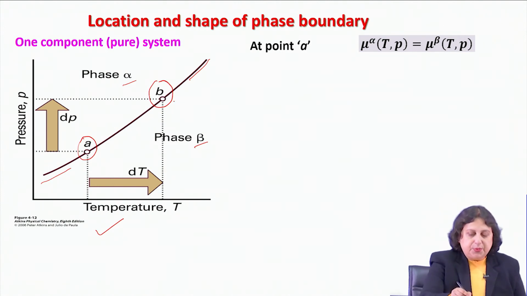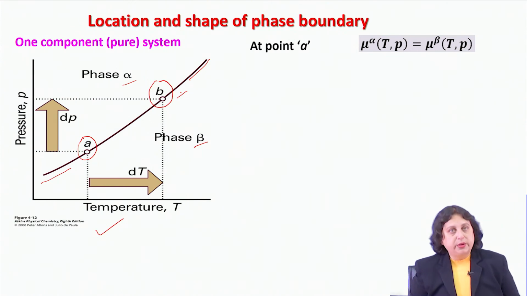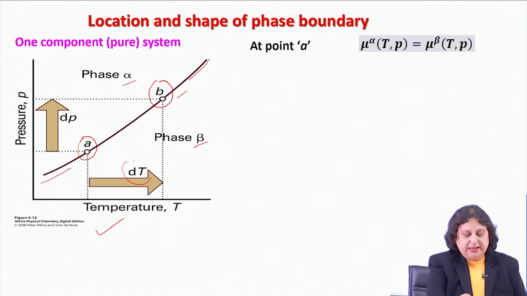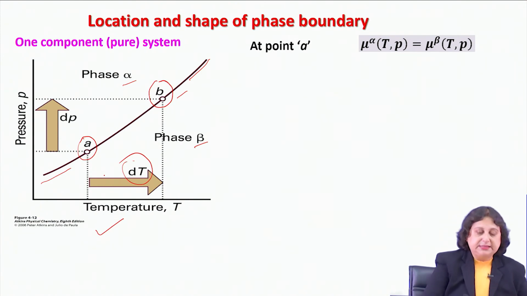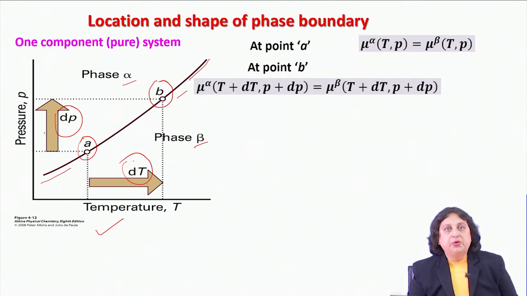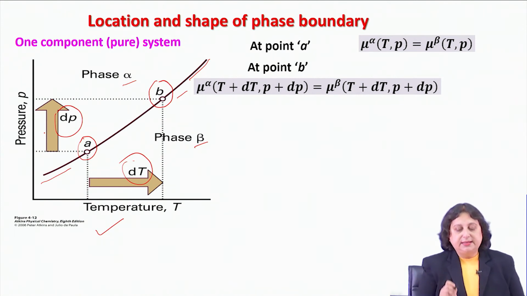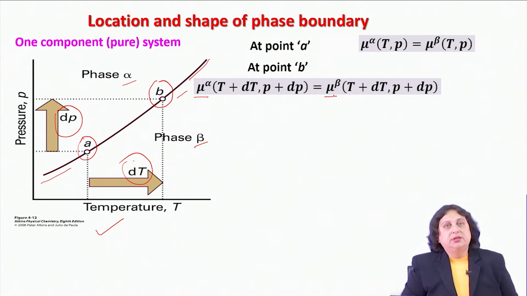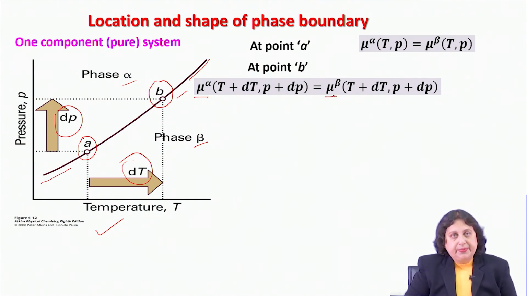But at this point, the coexistence is at a temperature T plus dT, where dT is this amount, and P plus dP, where dP is this amount. Therefore, the condition of phase equilibrium at the point B would now read: the value of mu alpha must be equal to the value of mu beta.